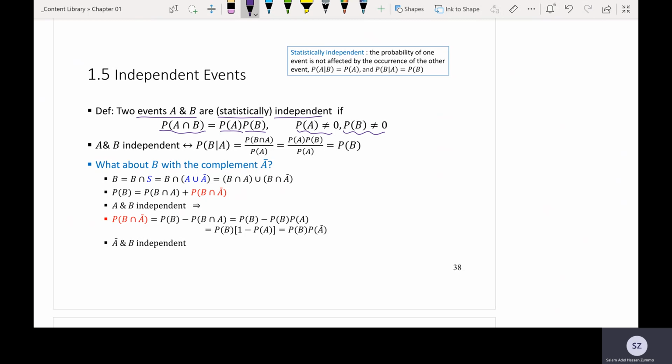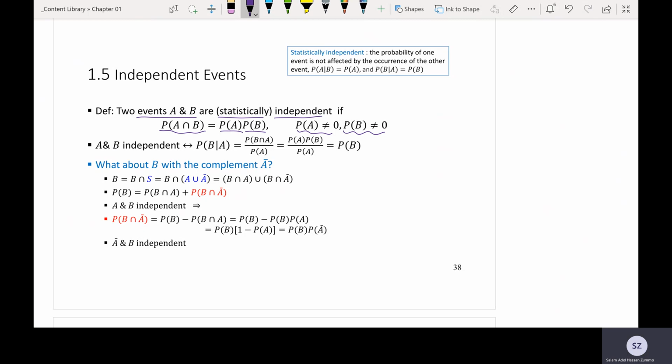Now, what does independent mean physically? Physically, independent means that if A happens, B may or may not happen. Basically, the happening of A does not change whether B can happen or not.